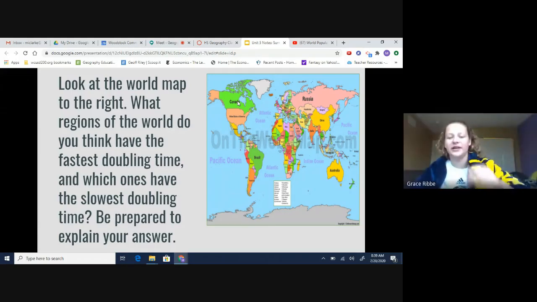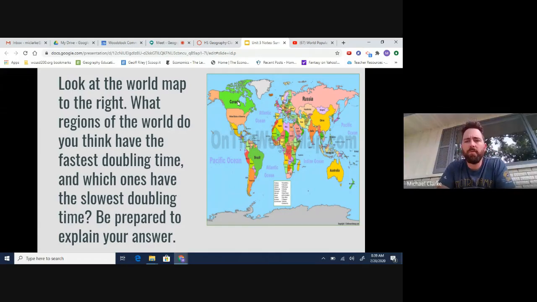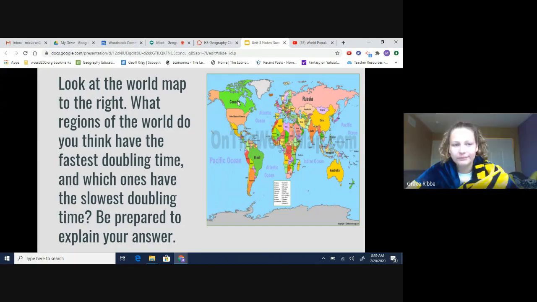Are we talking about currently or just in general? No, currently. Regions of the world today where populations are rapidly growing and regions where populations are falling or stagnating. I would say the most common places that would probably be decreasing would be either North America or possibly Europe. Okay.